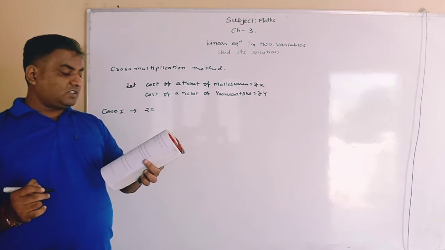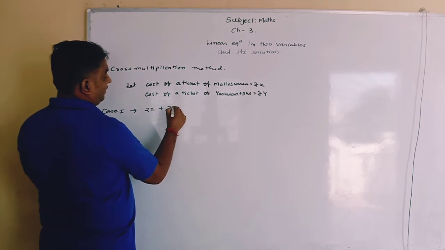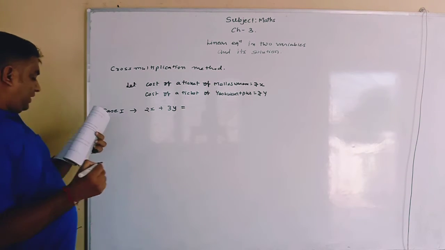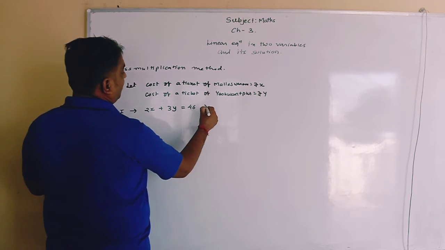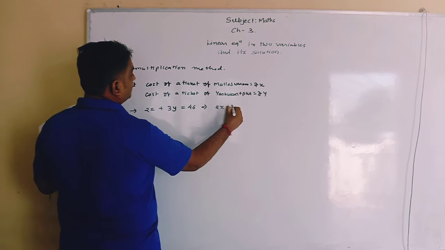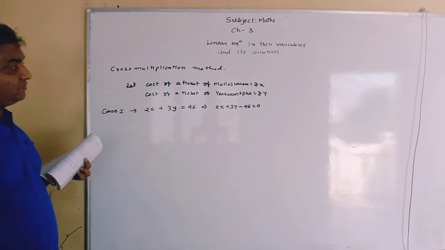And 3 tickets for Yeshwanthpur, so 3 into y, and the total paid money is rupees 46. In the standard form we write it as 2x plus 3y minus 46 is equal to 0.